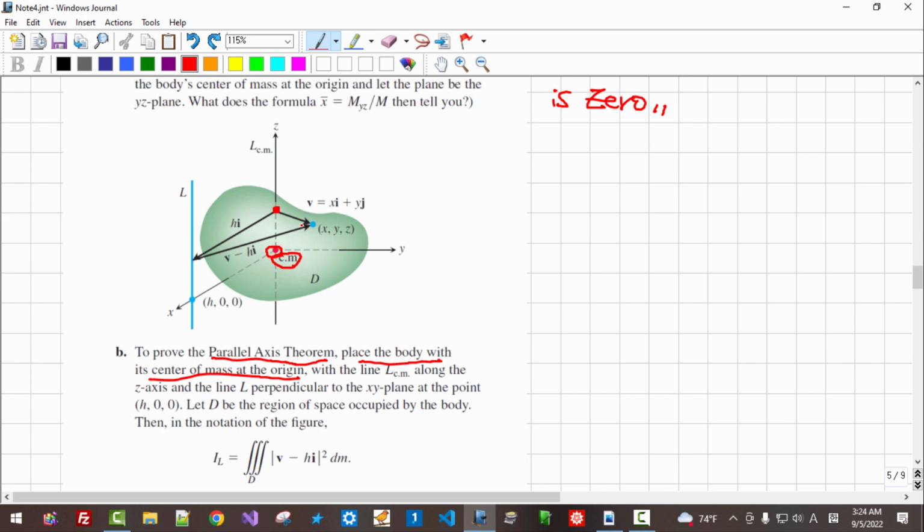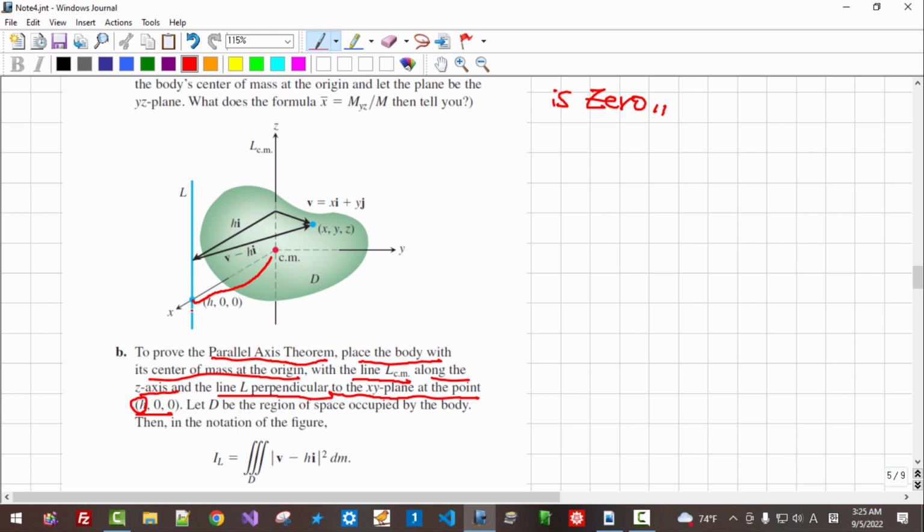This is the line passing through the center of mass, along the z-axis, and the line perpendicular to the xy plane at the point (h, 0, 0). h is the x coordinate from the origin.